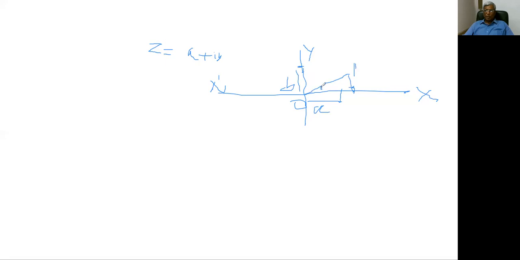Suppose this angle is theta, and the distance between O and P is r, a small r. Then you have to take a triangle, suppose this is M. This is POM, a right angle triangle.